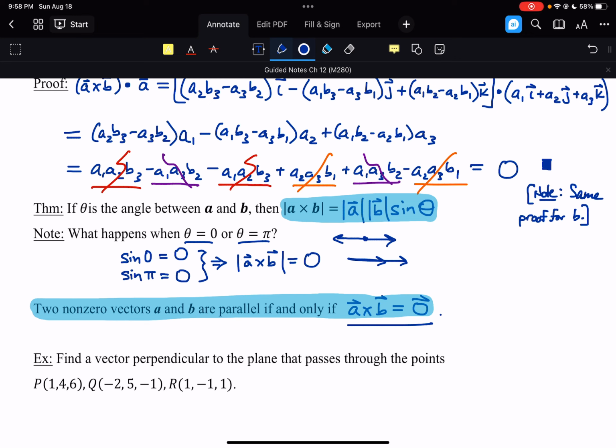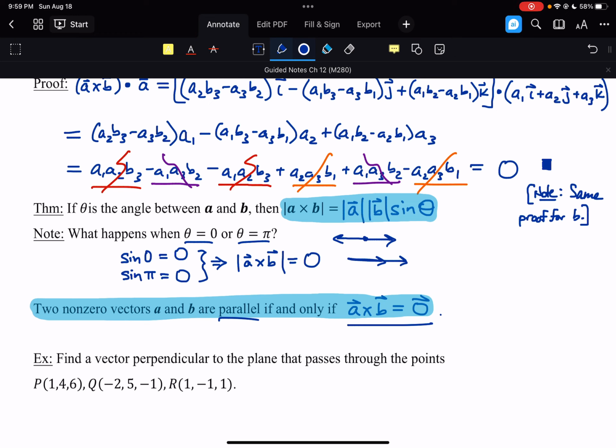Okay, so if we had gotten something else out of this, if we got 1, 2, 3 out as our vector, this vector would be orthogonal to both A and to B. But because we got out the 0 vector, that tells us that A and B are parallel to each other. So if you are trying to find a new orthogonal vector, then you take the cross product.